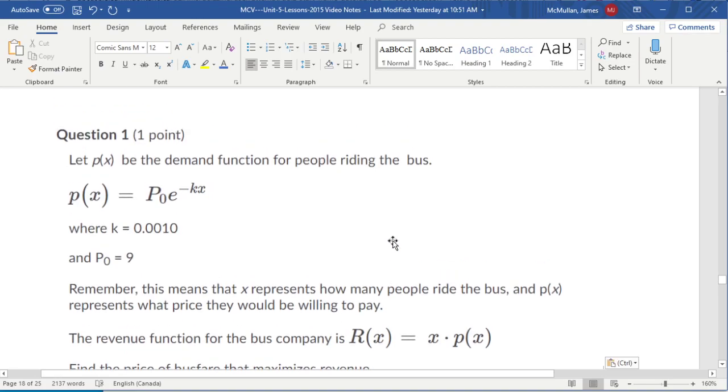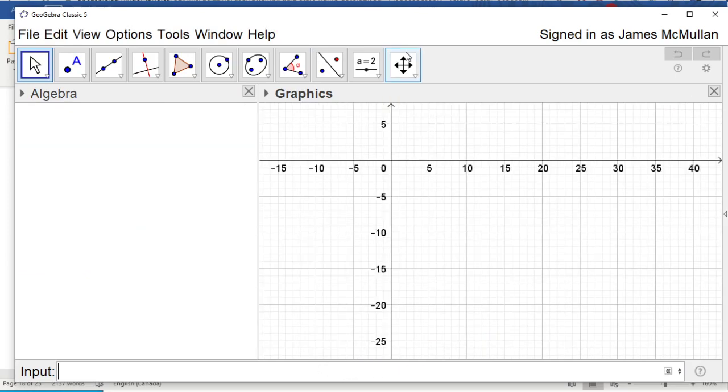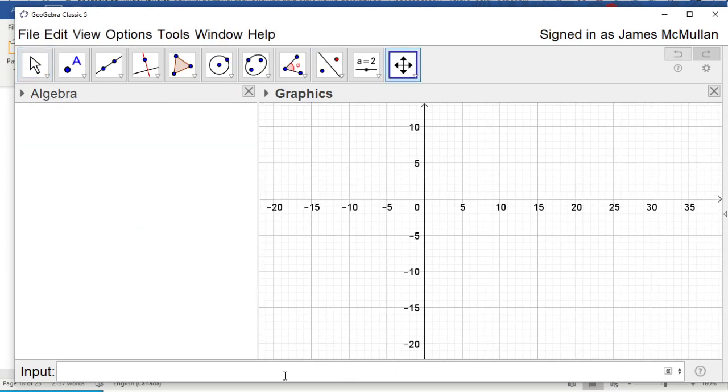If you go back to what we learned about the demand function last unit, in our study of economics, we said the demand function was like a linear function that always decreased.